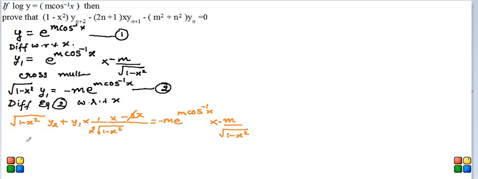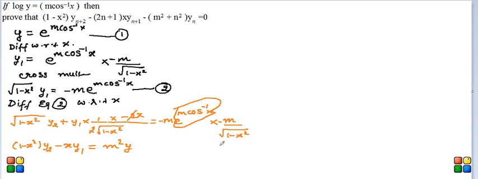So now taking LCM here and cancelling with root 1 minus x square here as well as here, so it can get simplified now. So 1 minus x square y2 minus x times y1 is now m into m is m square, minus minus plus m square, and whatever this is remaining, e raised to this from 1, as usual algorithm from 1, we can write down its value as y.